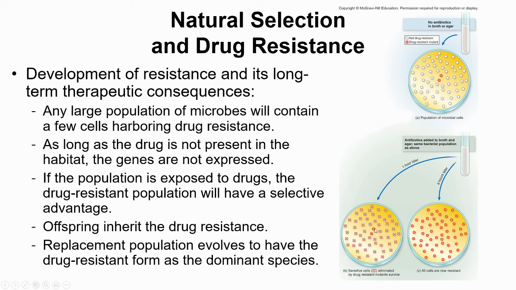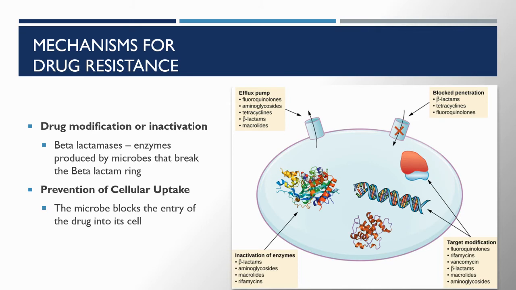They are still able to undergo binary fission because they are resistant to the effects of the antibiotic that's on the plate. And so they pass that mutation in their DNA down to their offspring, who replicate and pass it on and replicate and pass it on. So that ends up with the dominant species present being all resistant to that antibiotic.